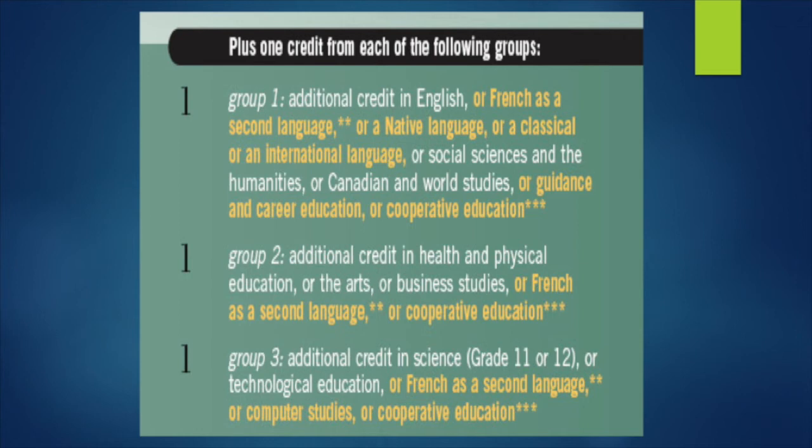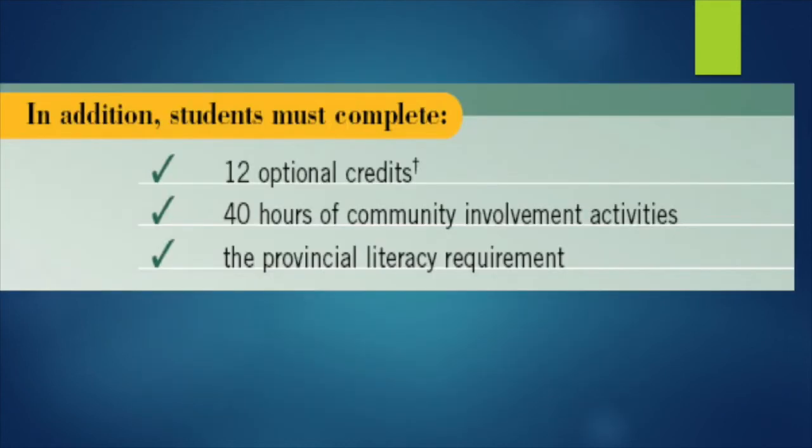So if you read through, by the end of grade 12, you need to select 1 course from each of these 3 groups. So moving forward, when you're picking your classes, you should check to make sure that you have all of these compulsory, most of these compulsory credits, that you're on track with those. You'll have 12 then electives or optional credits that remain.